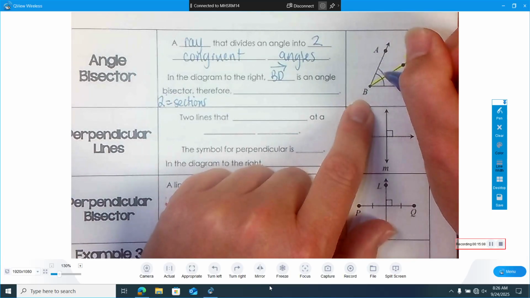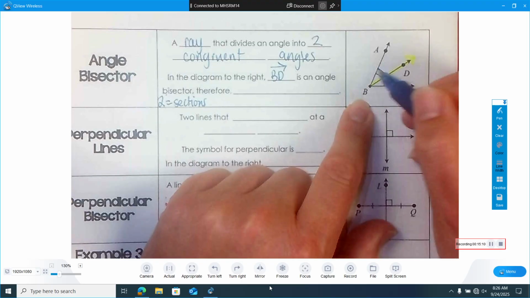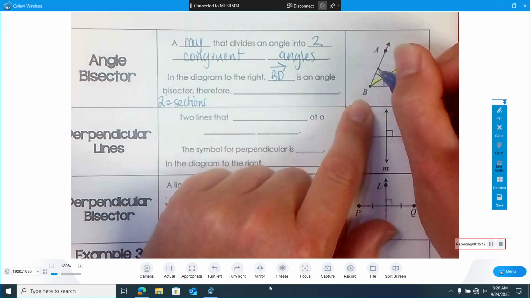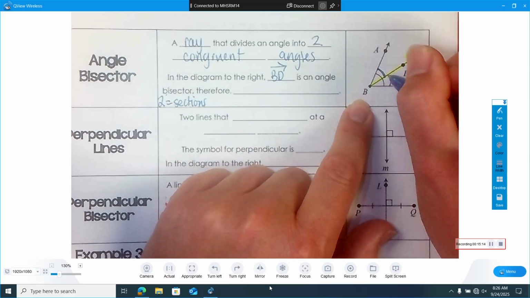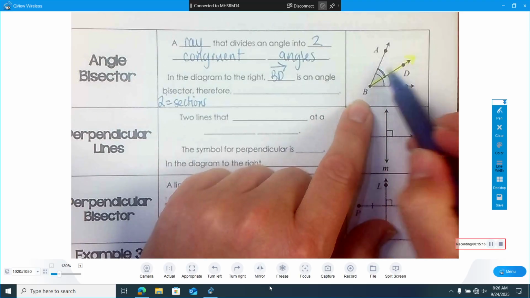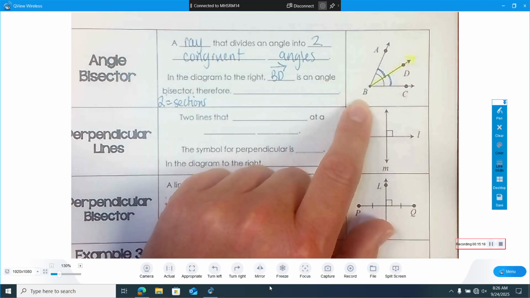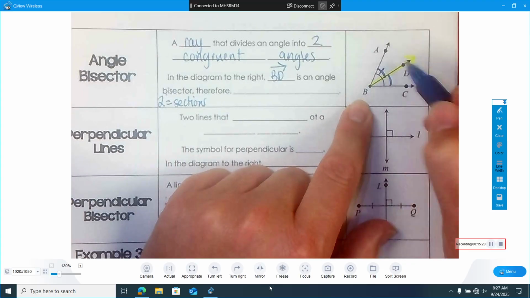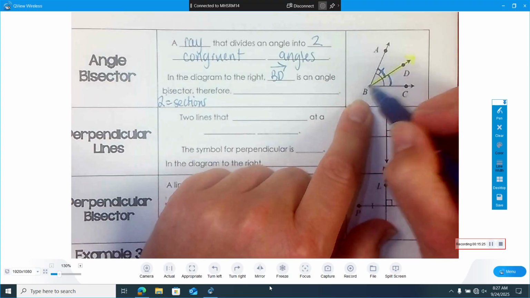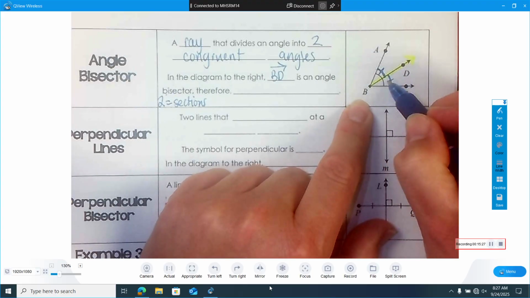Yeah. So we would usually mark them, and it's hard to tell that it's 2 individual marks there, but we use these congruence markings. These little arc marks show that this little angle ABD is congruent to DBC.